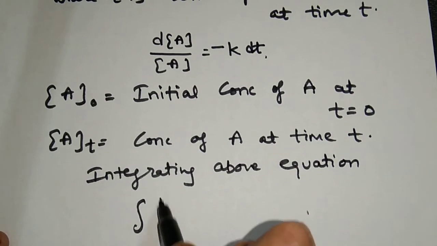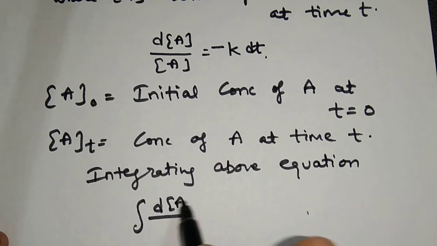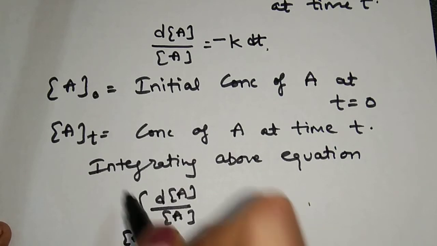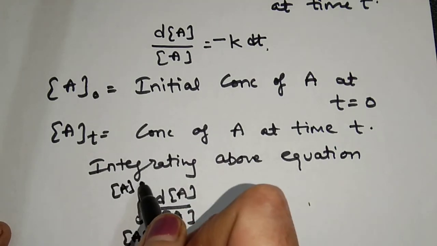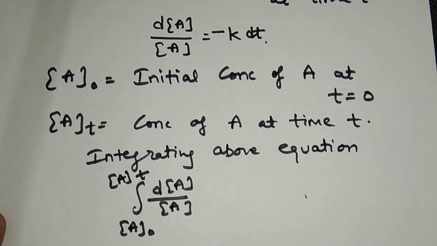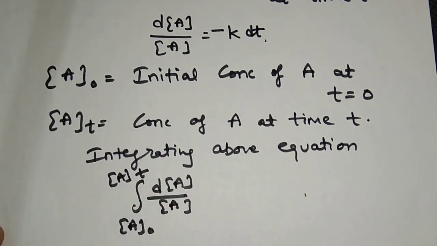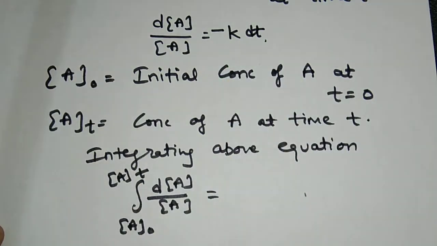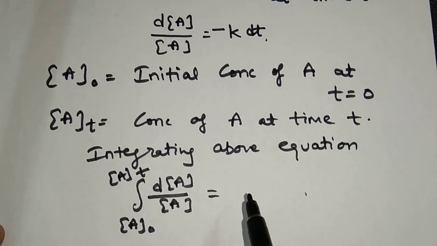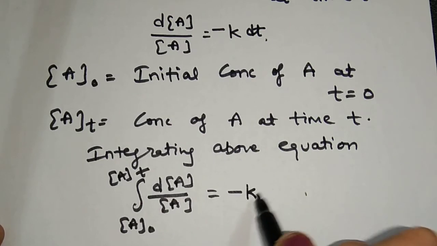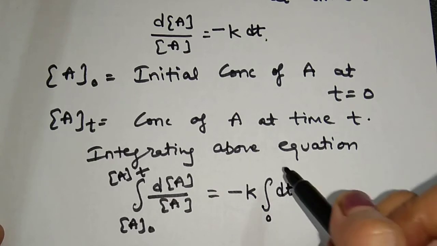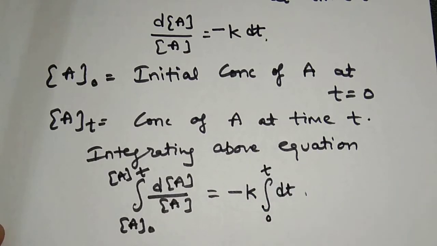Okay, what do we have to integrate? dA upon A, and this integration will be between the initial limit to the final limit which is taken as At, when the reaction is considered from 0 time up to the time t. And the right hand side is minus k dt. How will I integrate it? Because k is constant, I will take it outside and I will integrate the time interval dt from the initial time that is 0 up to the time t.